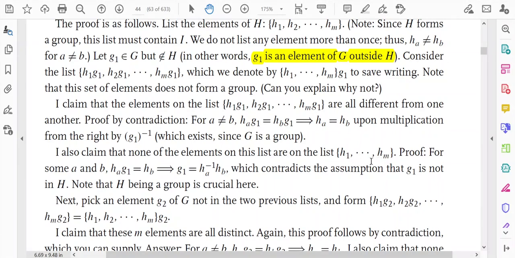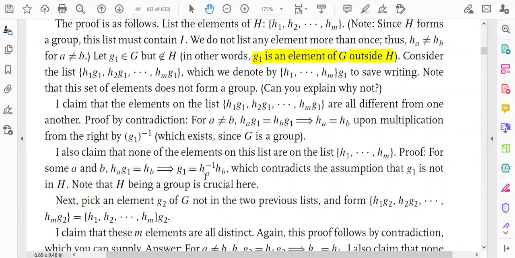For some values of a and b, we assume that an element of the new list, Ha g1, is equal to an element of the list H, that is Hb. But this equality suggests that g1 is equal to Ha inverse Hb.